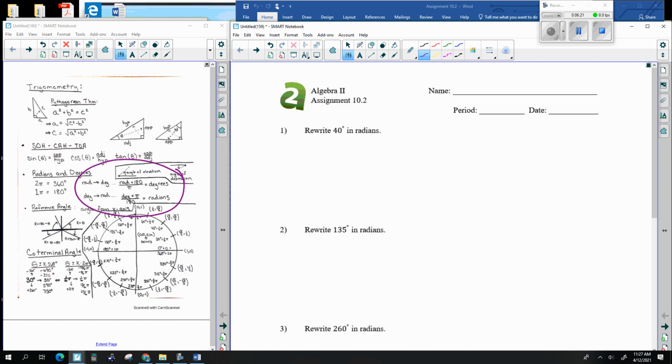All right, so rewrite 40 degrees into radians. So I got 40 degrees. 40 degrees is a big number. It's a degree. So if I'm going to turn this into radians, what I in essence have to do is divide by 180 and slap a pi on it.